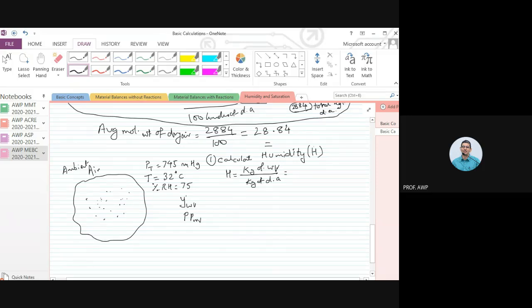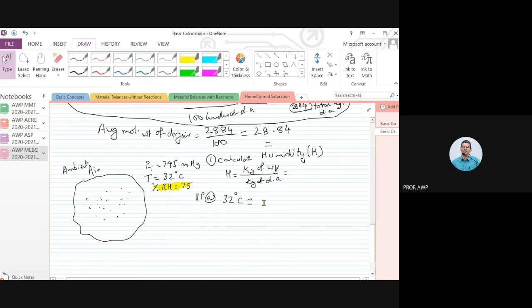To calculate partial pressure, we know the percent relative humidity. So if I calculate the vapor pressure at 32 degrees centigrade, then I will be able to calculate partial pressure. So first thing is to calculate vapor pressure at 32 degrees centigrade.